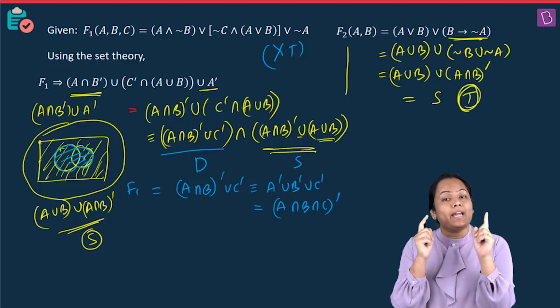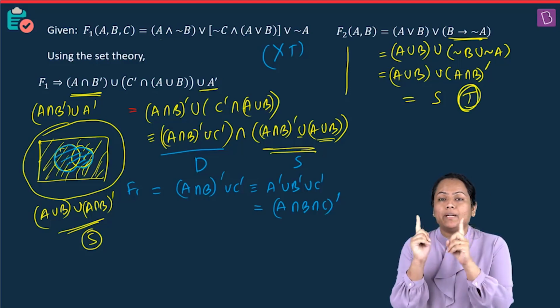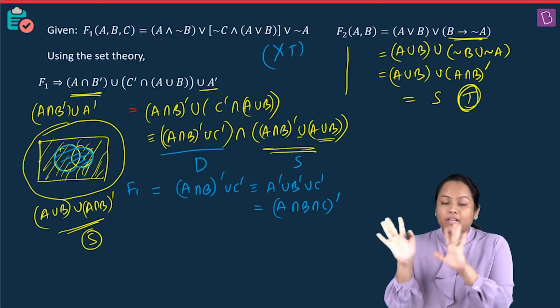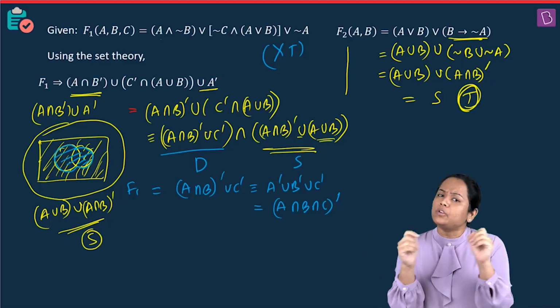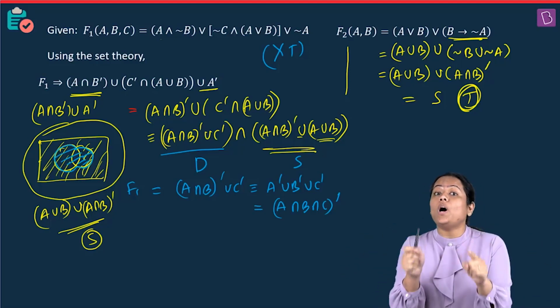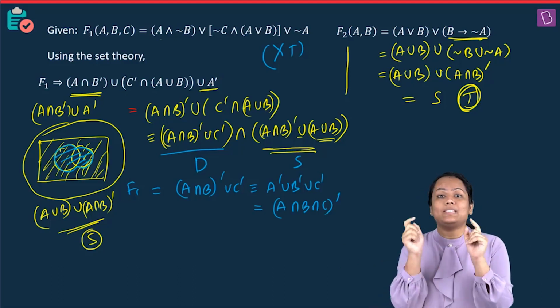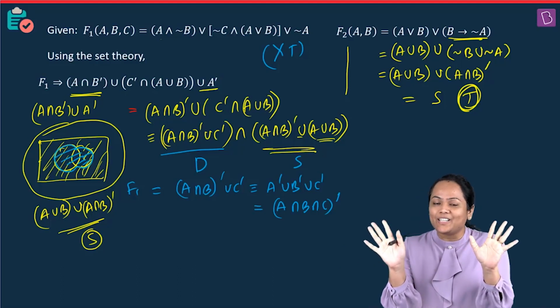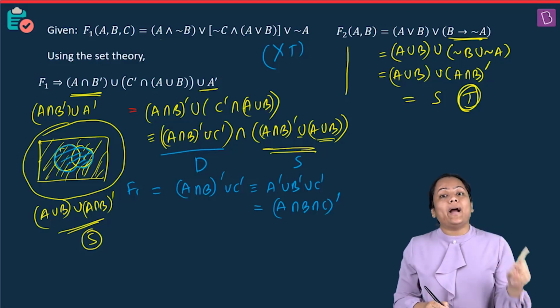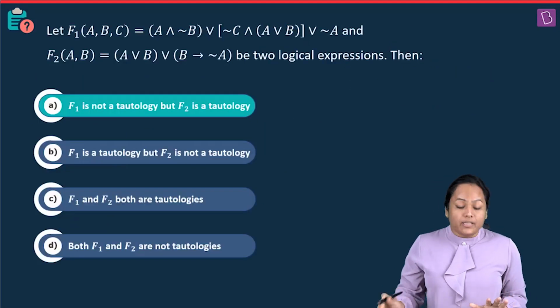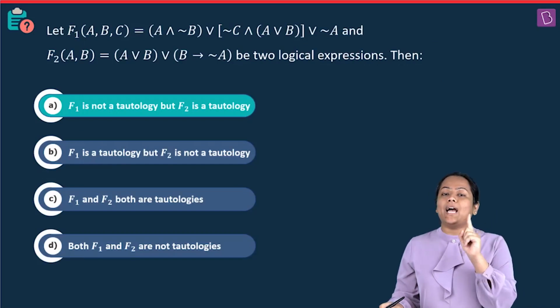So my F1 is not a tautology, but F2 is a tautology. And we have solved just by the Venn diagram, nothing much, which is very simple because I know you all are well versed with marking the regions in the Venn diagram. Isn't it? Perfect. So the answer is that F2 is a tautology while F1 is not. Therefore, giving me the right option as A.